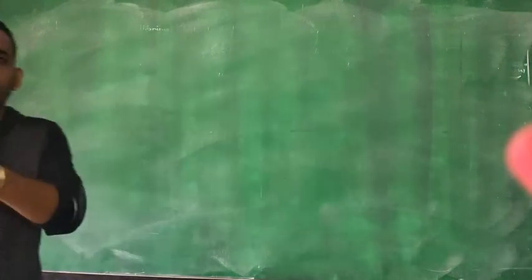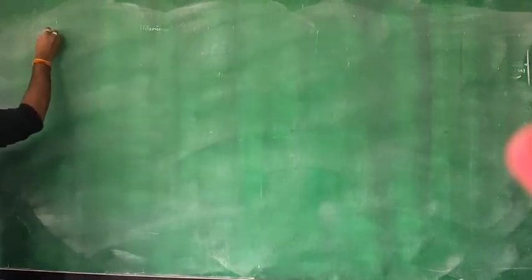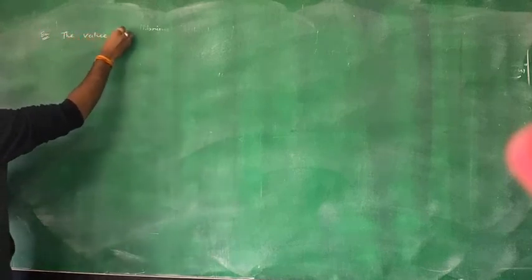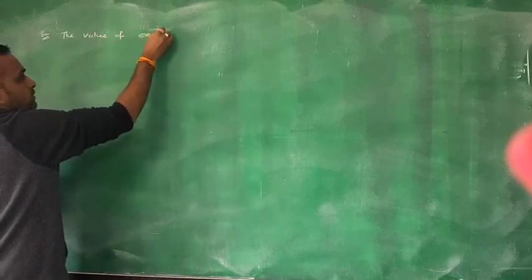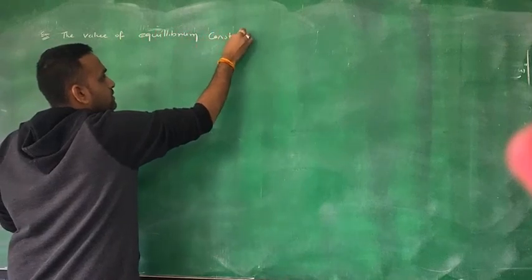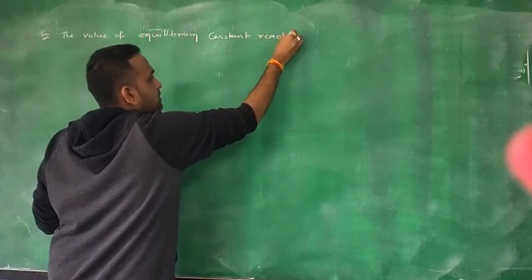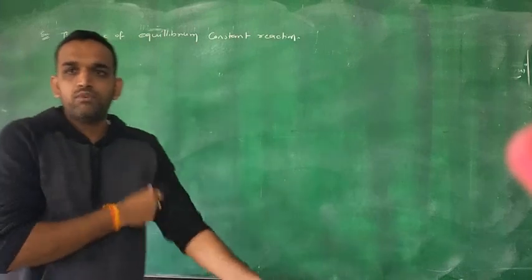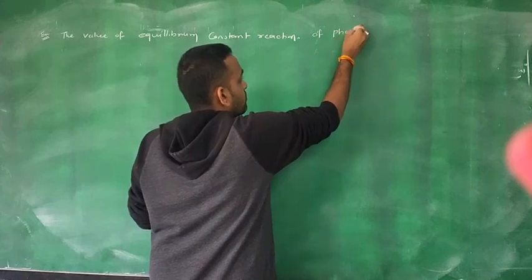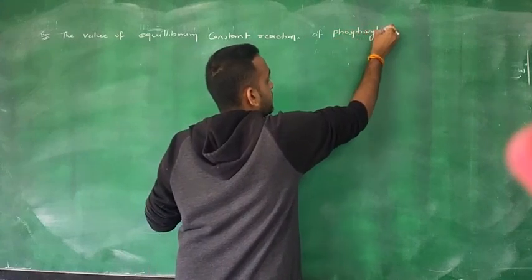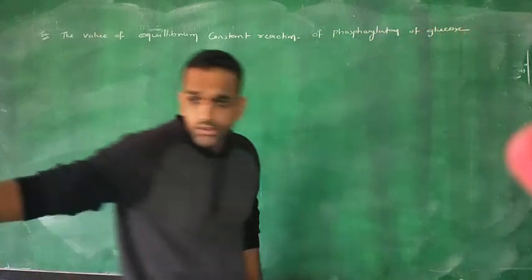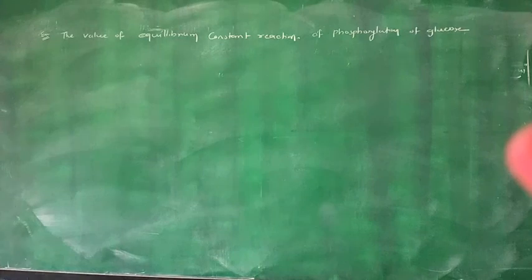Let us say the value of the equilibrium constant of the reaction of phosphorylation of glucose during glycolysis was obtained.